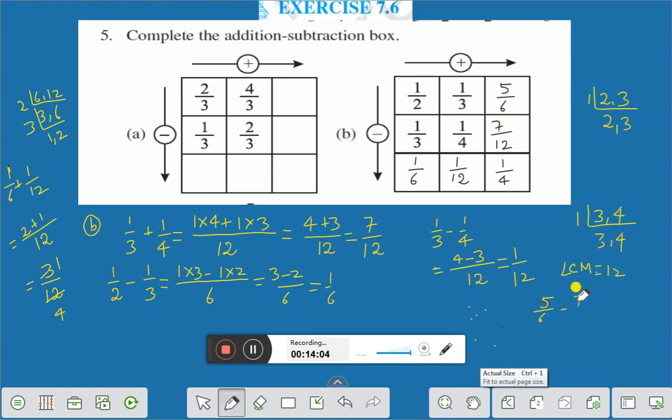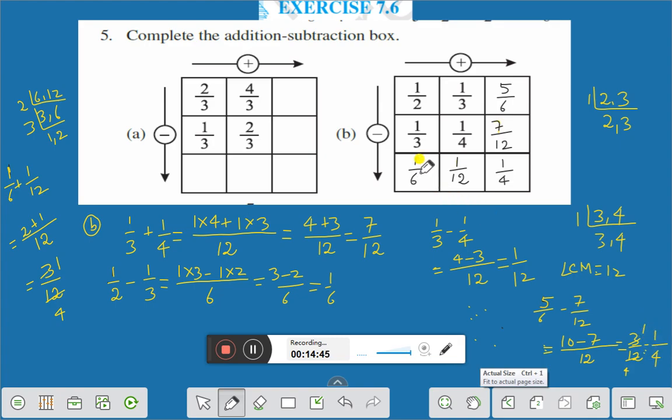Here you see the LCM of 6 and 12 is 12. Dividing 12 by 6, that is 2, 2 into 5 is 10, minus 7, since 12 divided by 12 is 1. 10 minus 7, that is 3 by 12. If we change into lowest terms, 3 1 is 3 and 3 4 is 12, we are getting 1 by 4.